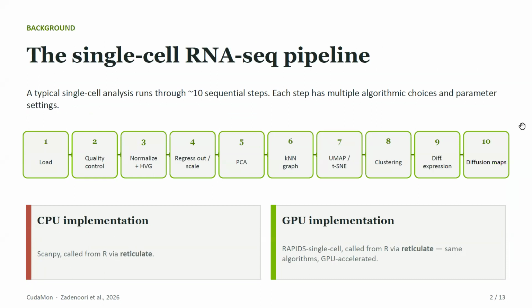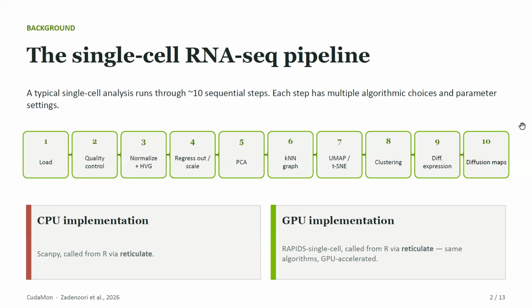The workflow that we use is one of the general workflows that we took from the NVIDIA RAPIDS single cell, which contains 10 steps. Not necessarily all of the steps should be the same in all workflows, and there are hyperparameters.